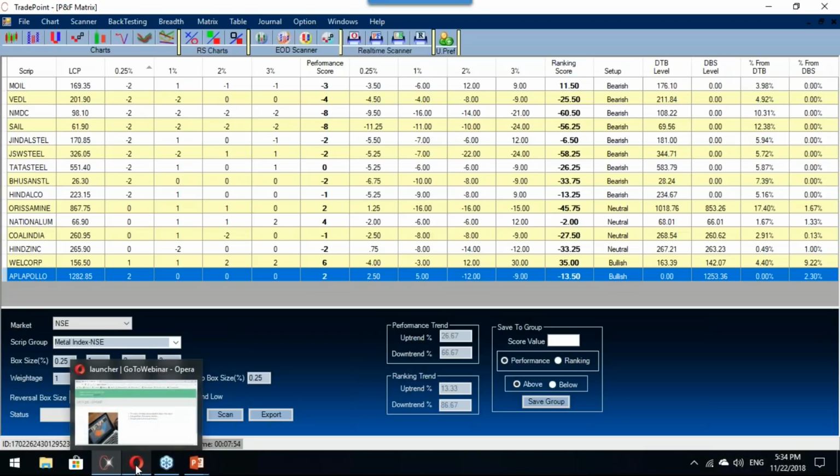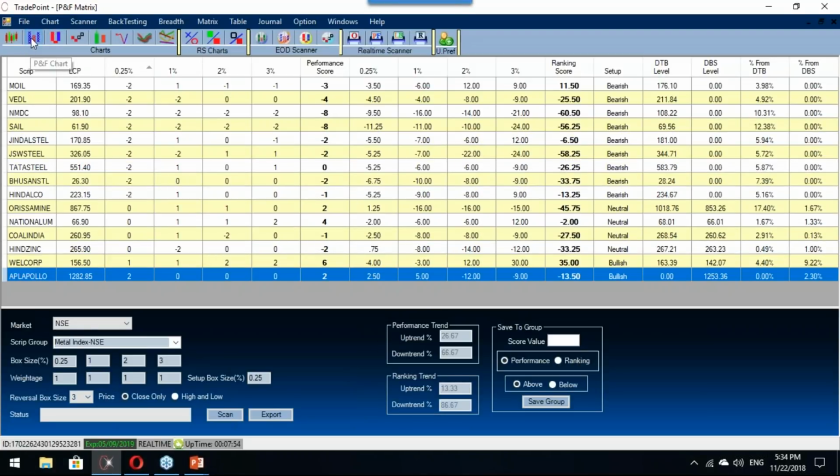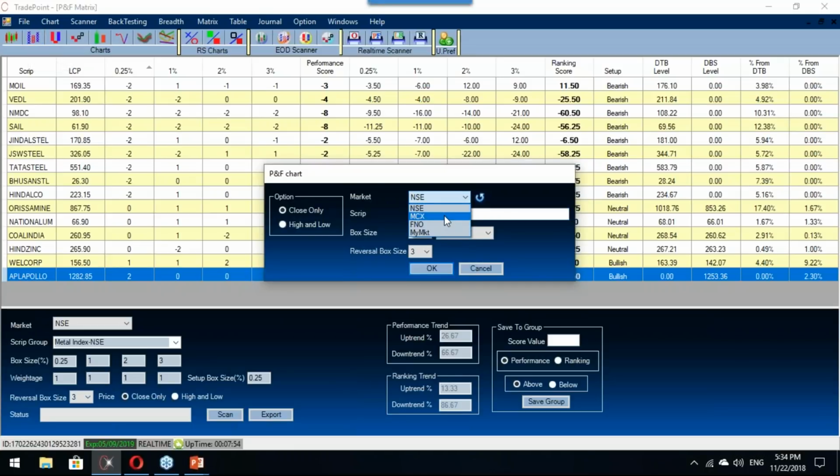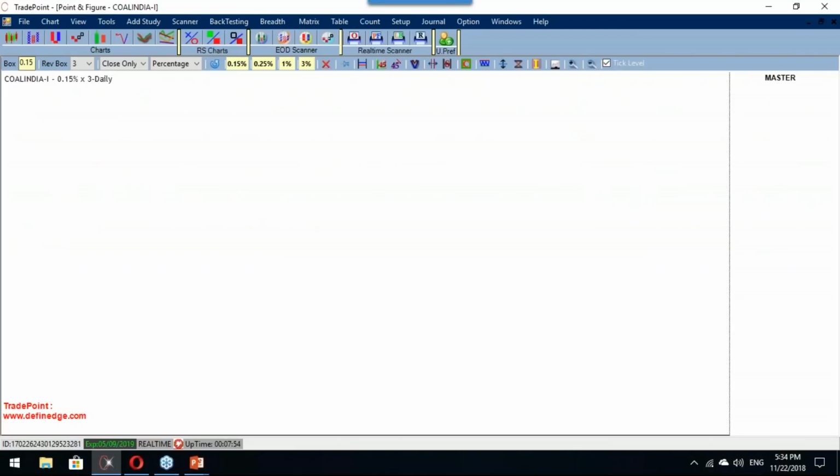In fact, what we can do is take a look at the individual price chart. We have this one in F&O. So which one? Coal India. Okay, it takes a little time to load the data.